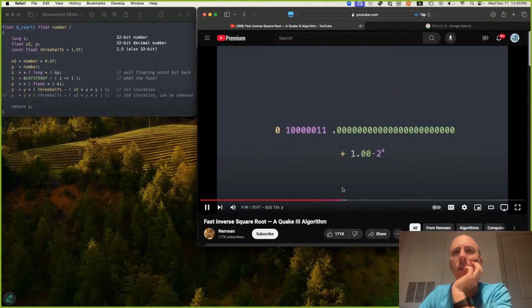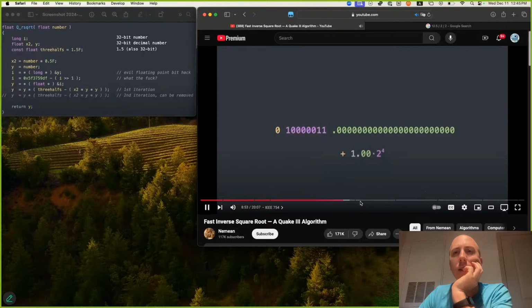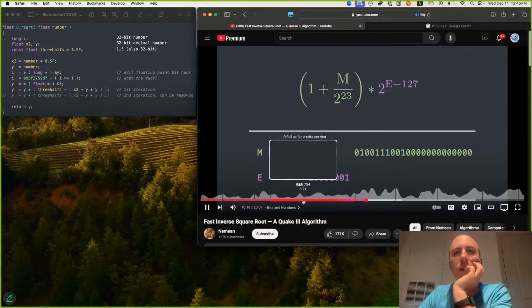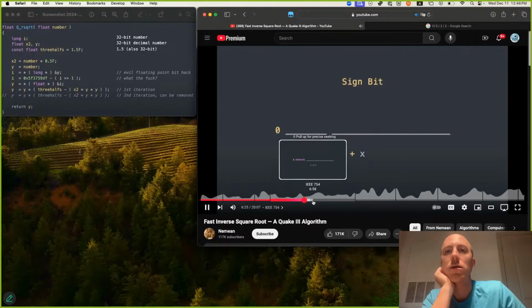Now our mantissa is between 1 and 2. 23 bits for the mantissa, the exponent has 127 subtracted from it, and the first bit is the sign bit.